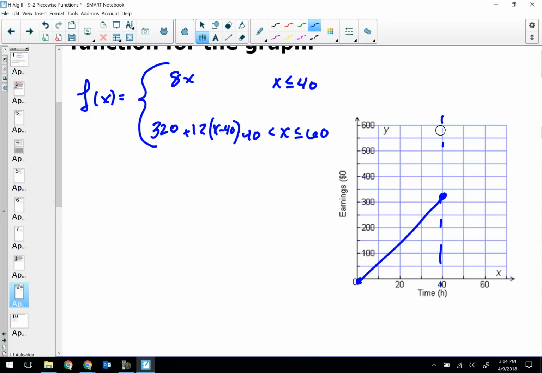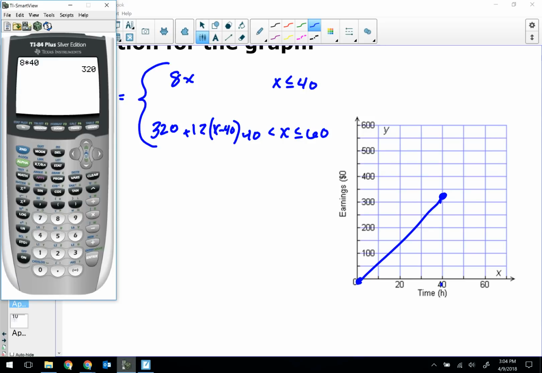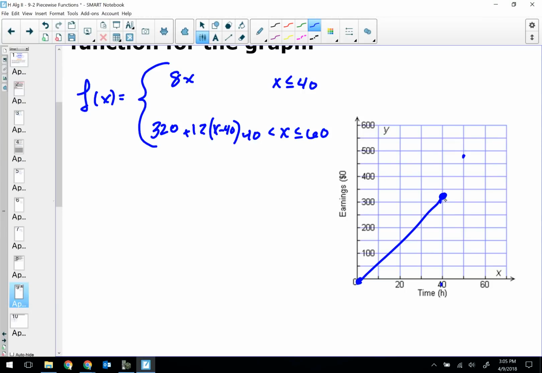This one is also going to be continuous. But now it's going to go up at $12 an hour. So say I did have 320 plus 12 times 10, right? Because that was, not 110, 440. So 50, 440. Somewhere like that. So it's going to be a little bit steeper line.